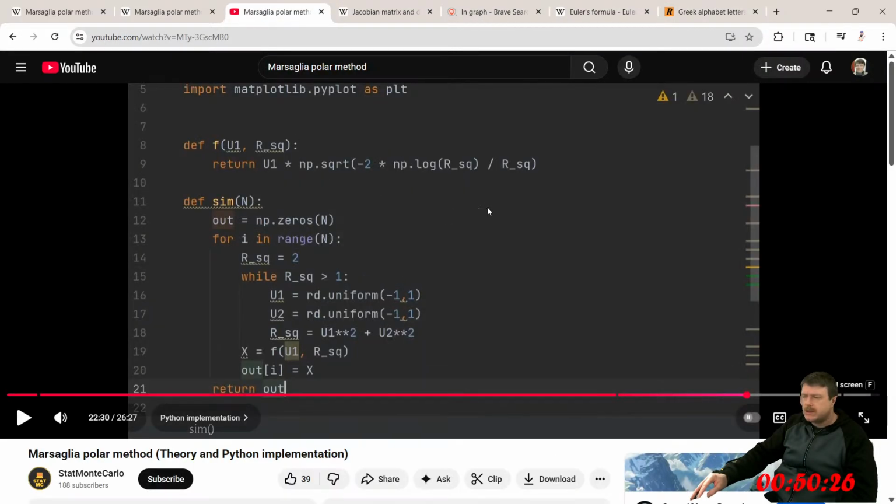So with this knowledge in hand, when we do u1 squared plus u2 squared, what does that do?